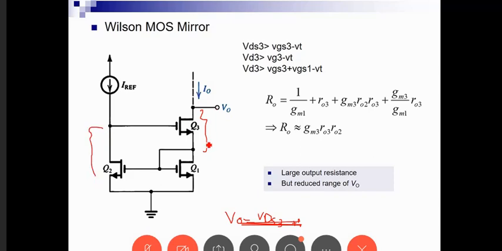But this cannot be the case because this is not balanced. Okay, if you see this voltage from here to here really covers this part and covers this part also. So balancing or making VDS2 the same as VG3.